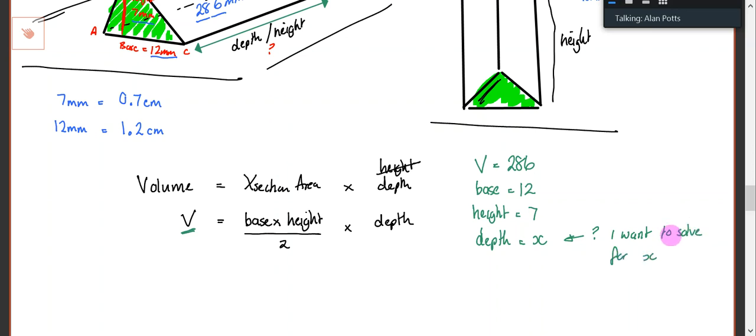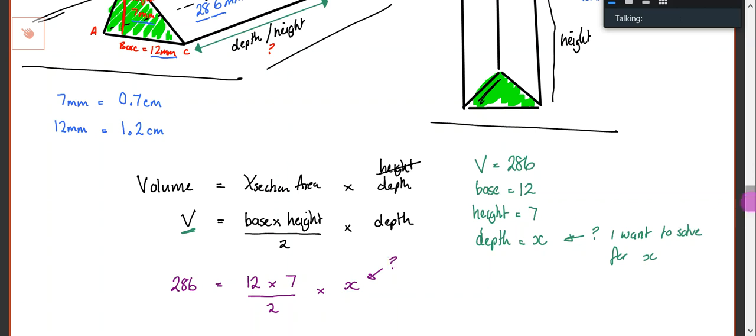All right. So let's put the information in here in the same way that we see it. So volume: we've got 286 equals, the base is 12, multiplied by the height is 7, divided by 2, and we're going to multiply that by X. So this is the thing that I need to work out, all right?